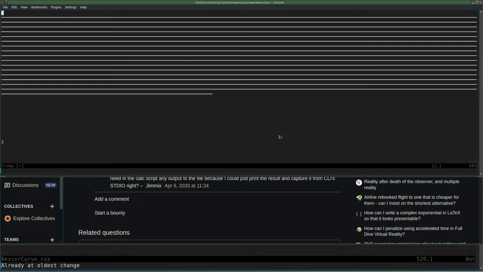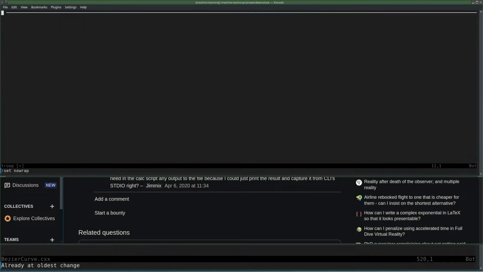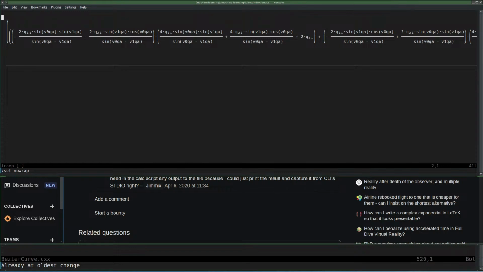So now I can do set no wrap or something. And then we have our formula. I can just scroll horizontally. That's a bit slow, but can I use my mouse? No.